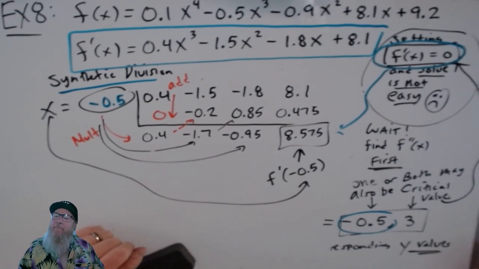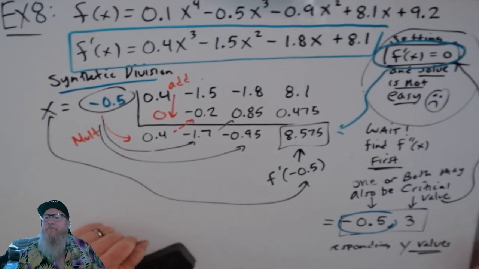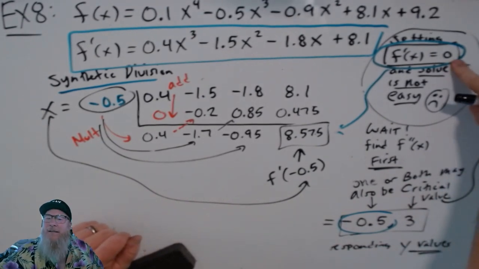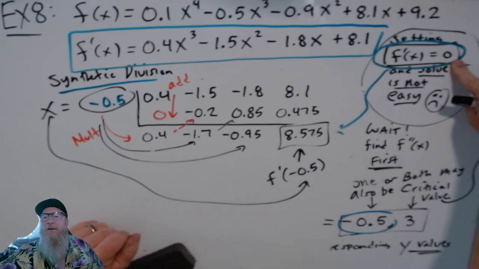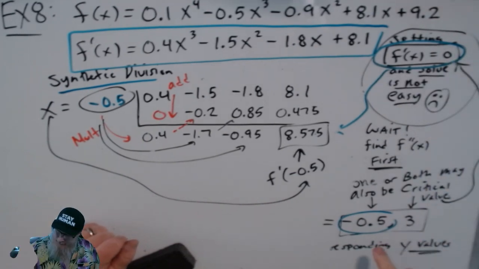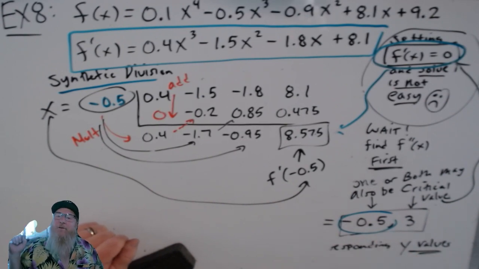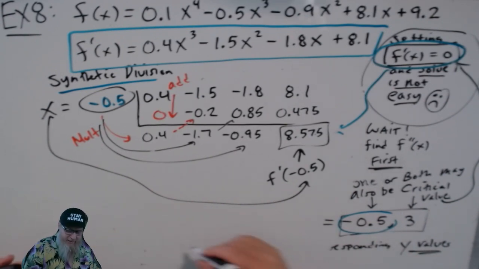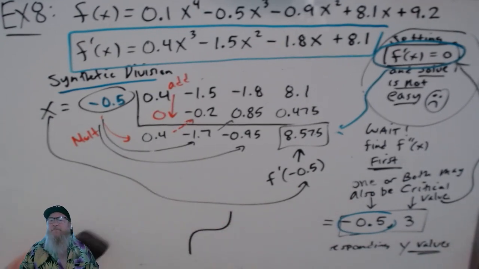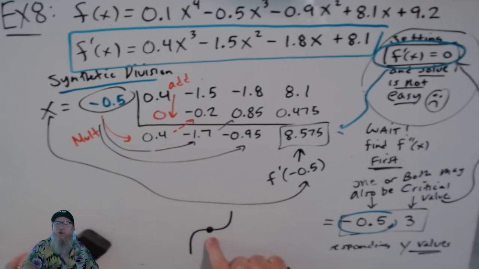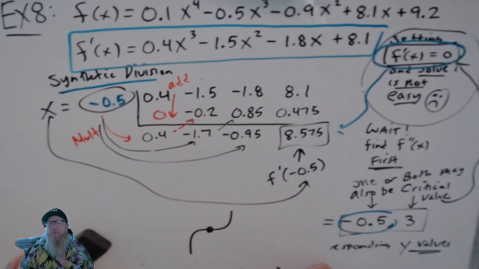So what do you think? Is it critical? Is it equal to 0? That's what it means to be a critical value. The derivative is equal to 0. So no. So it is an inflection point, but it's not critical. Which means it's not doing this. This is a critical point and an inflection point.